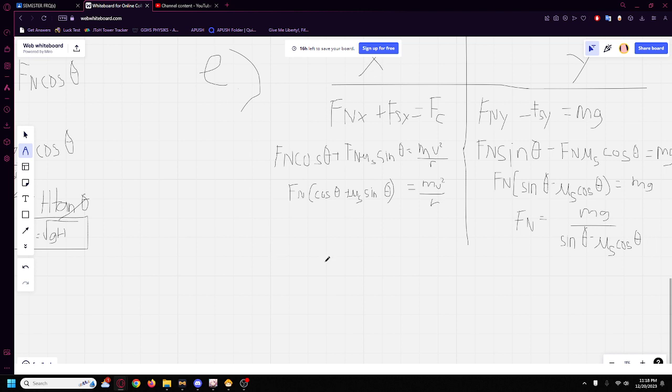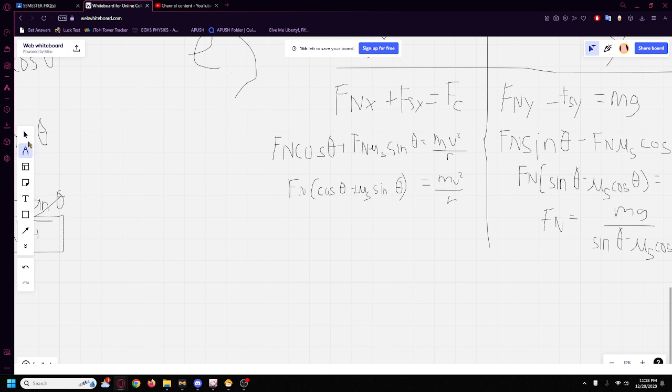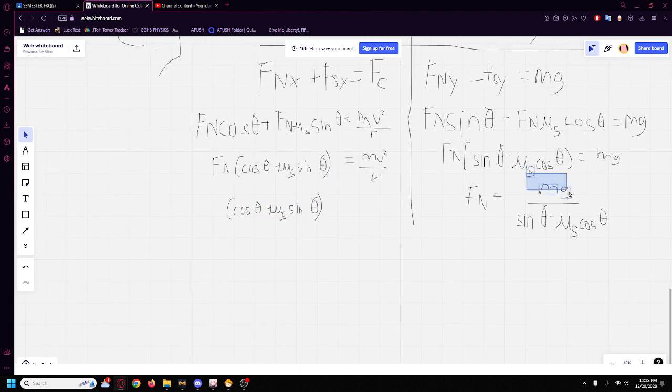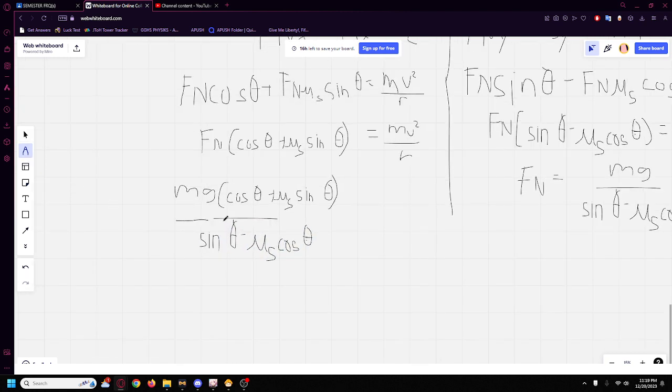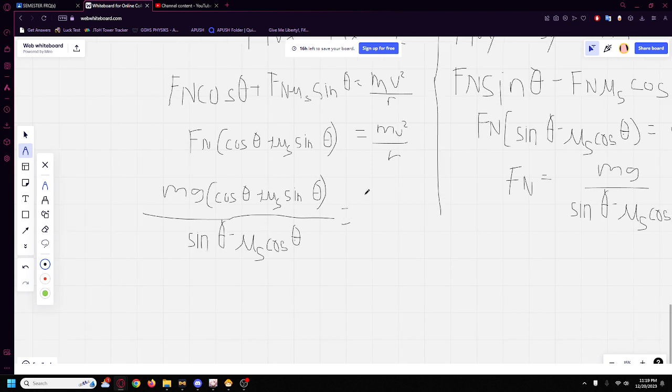We can substitute FN for mg over sine theta minus mu s cosine theta, so it will be times mg, divided by sine theta minus mu s cosine theta. And that's equal to mv squared over r.